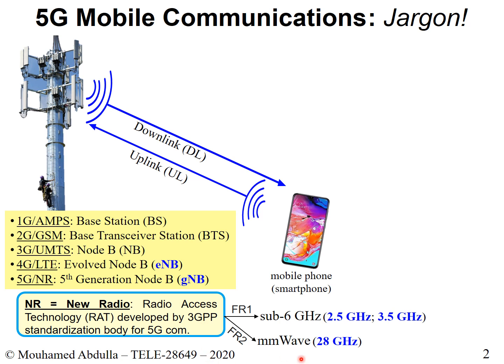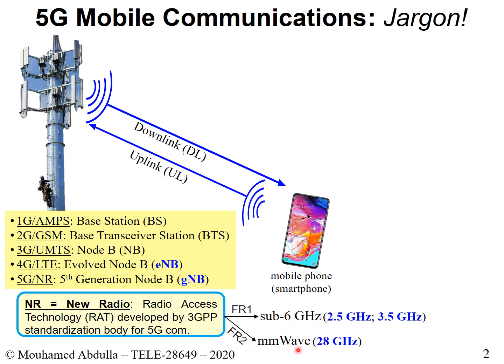For the sub 6 gigahertz, you could be anywhere between 1 gigahertz to 6 gigahertz. But some of them are already used. In 4G, we already have a link operating at 1.7, and we already have a 2.6. The new ones introduced are 2.5 gigahertz and 3.5 gigahertz. These are the new frequencies opening up with 5G when we talk of sub 6 gigahertz.